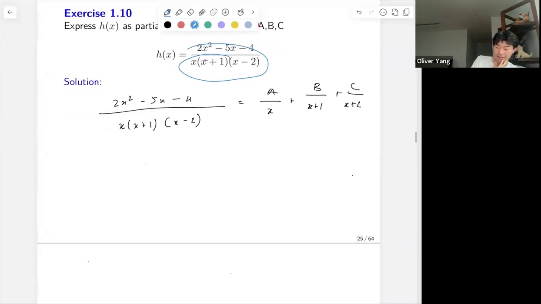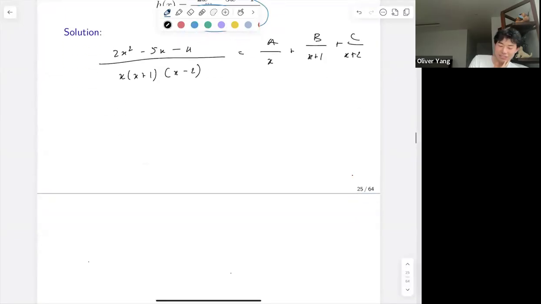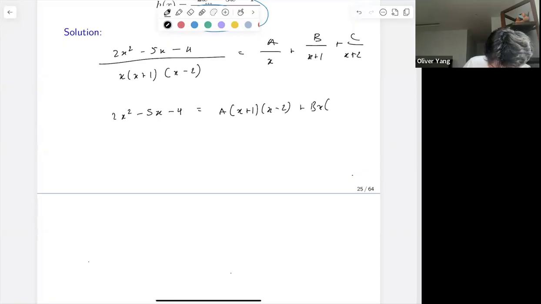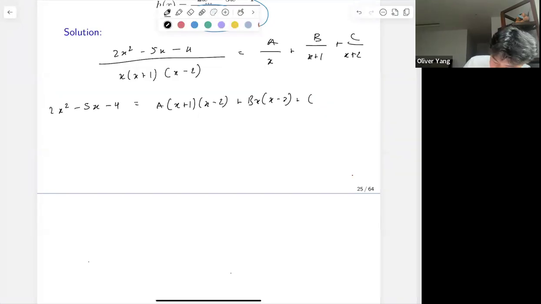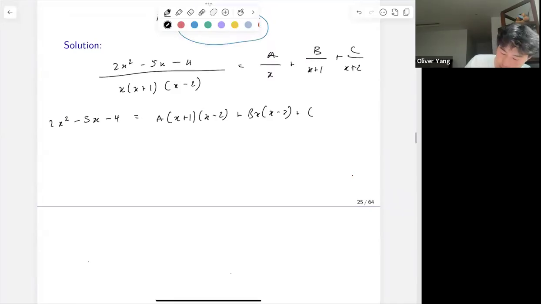All right, so we're going to multiply the denominator by everything, okay? So we're just gonna do 2x squared minus 5x minus 4 equals a times (x plus 1)(x minus 2), plus b times x(x minus 2), plus c, I'm gonna move this all the way across, plus c, oh, that should be a minus, my bad, c x(x plus 1).